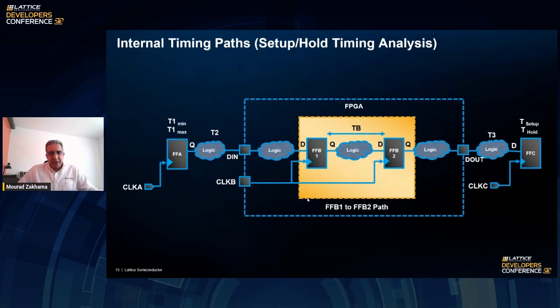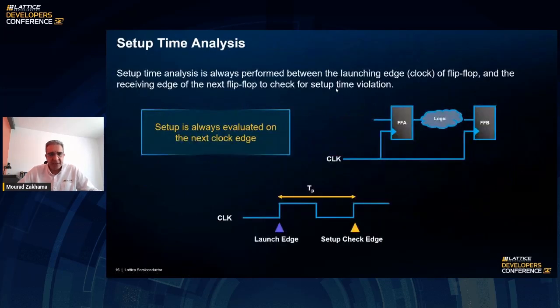So let's see how the STA tool works and how all these paths are analyzed. We're going to focus on the internal FPGA paths and how the setup time and hold time analysis is done on these internal paths. The setup time analysis is always done on the next edge.